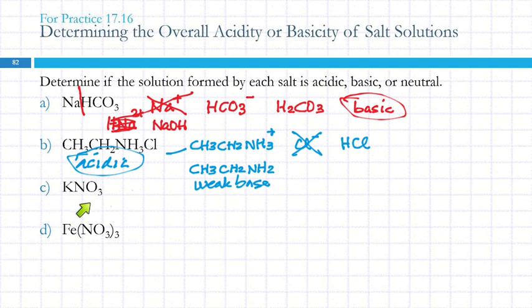KNO3. Well, at least we can recognize some ions here, right? K plus and NO3 minus. K plus, well, I can't take a hydrogen off of it.